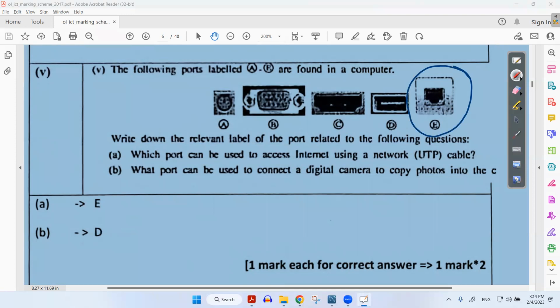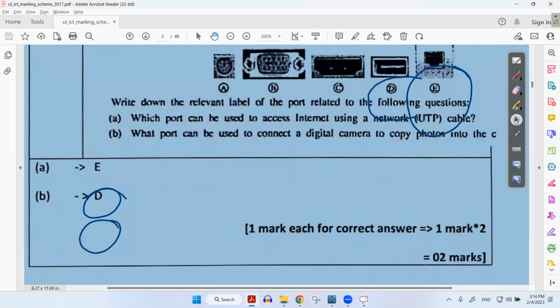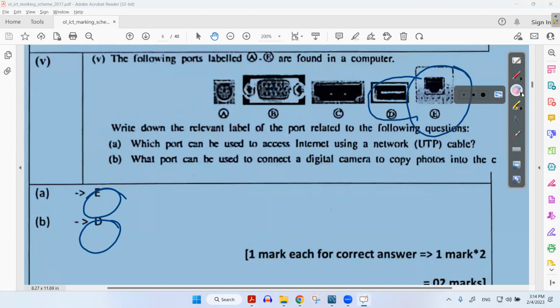So it's going to be the USB, which is D. Right? So for providing E and D, you are given 2 marks. So that's how the question number 5 went.